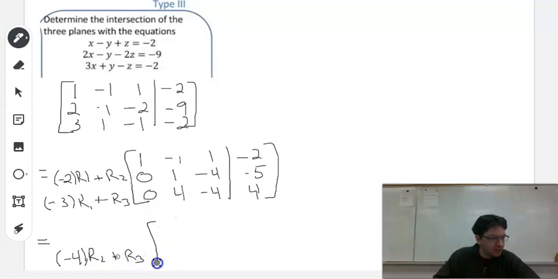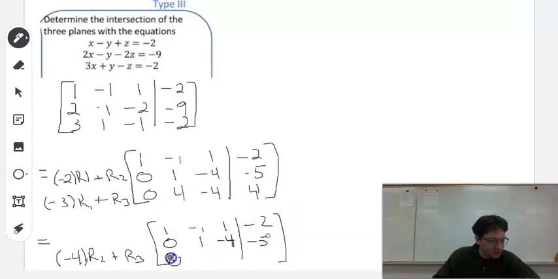So that gives me the following: 1, -1, 1, -2. So the first two rows just stay the same. 0, 1, -4, and -5. It's really hard to write today.